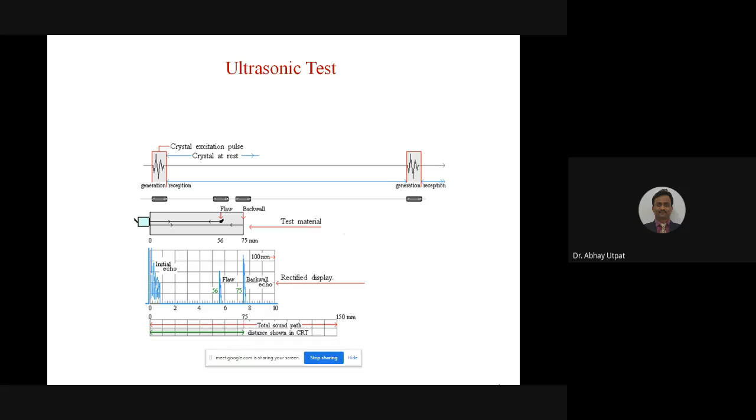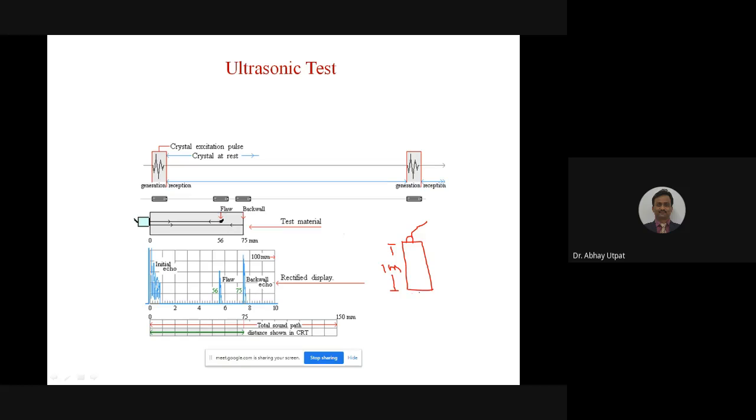If you consider one component, suppose this is the component I am drawing, and this is a probe. I will send a sound wave from here and suppose this distance is 1 meter. Then some recording is there with the help of this wire. Sound waves are going from here and they are coming back again.